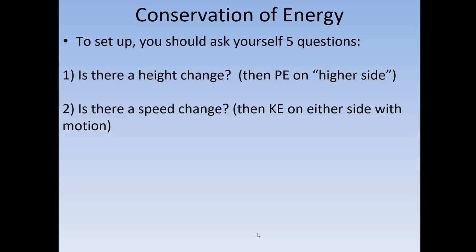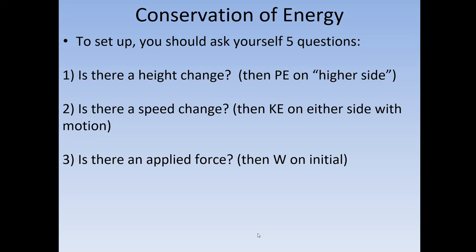But if it started off moving and then either increased or decreased its speed to another speed, like it went from 2 meters per second to 5 meters per second, you would put kinetic energy on both sides. This is really the only one that actually does this. So kinetic energy goes on whichever side you're actually moving, whether you start, end, or both.